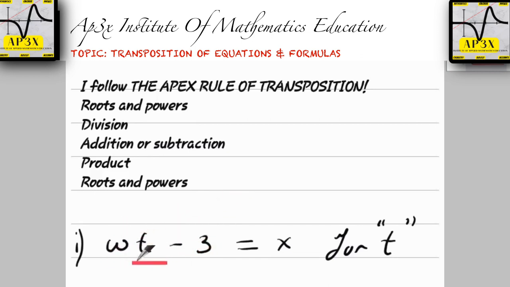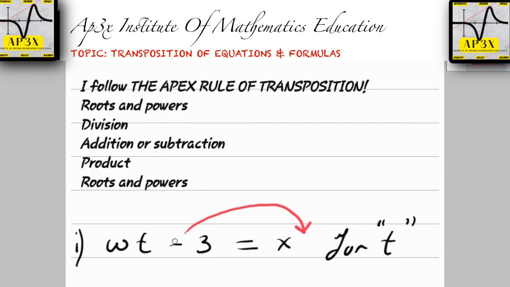Do I remove the W, then remove the -3? Or do I remove the -3 and then remove the W? Again, you can see that W is a lot closer in proximity to T than -3. So that suggests to me that I'm going to get rid of the -3 first. You can see here that I'm getting rid of subtraction or addition before I get rid of a product.